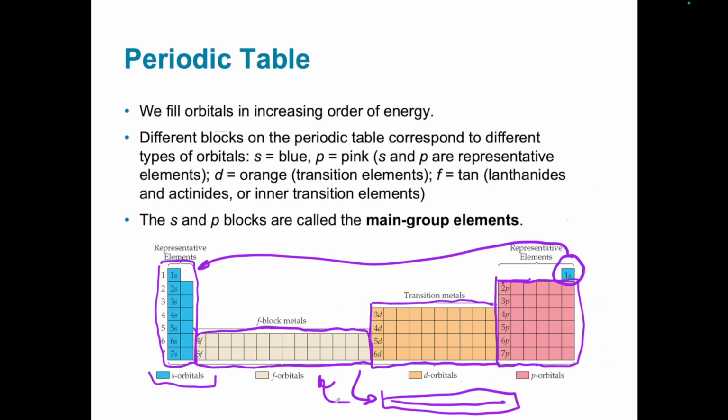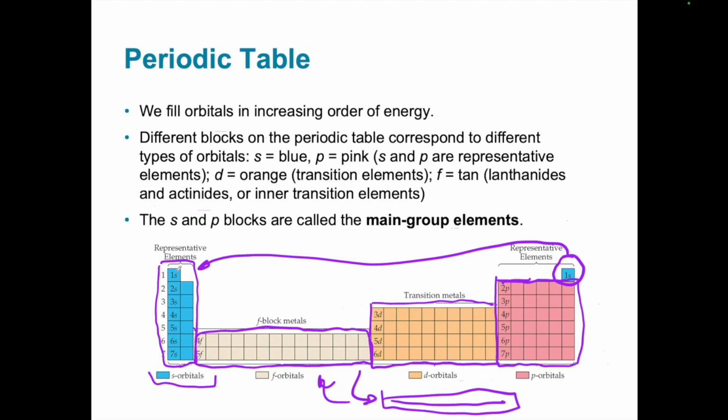So your valence electrons will be the electrons that are denoted by the orbital that they're in from the different blocks, like the s block, the p block, the d block, or the f block, right?